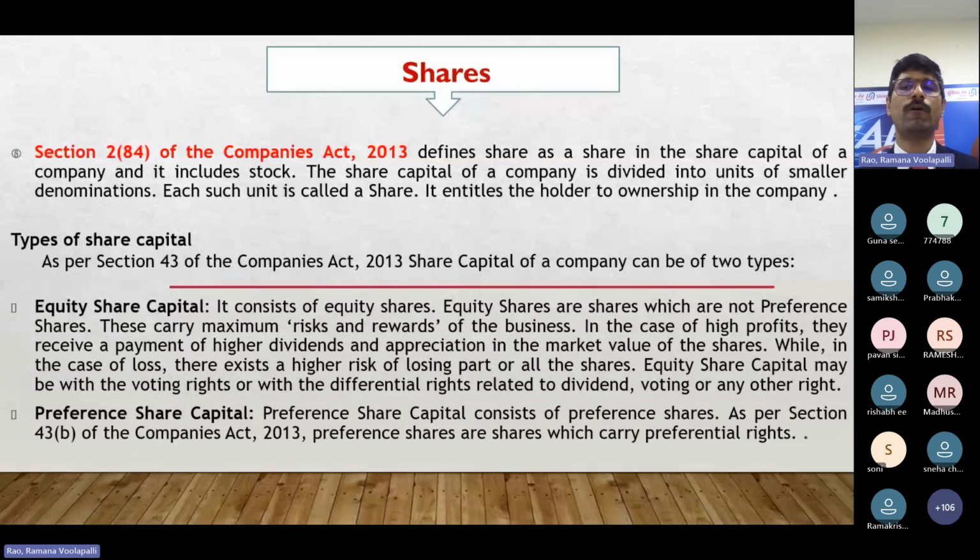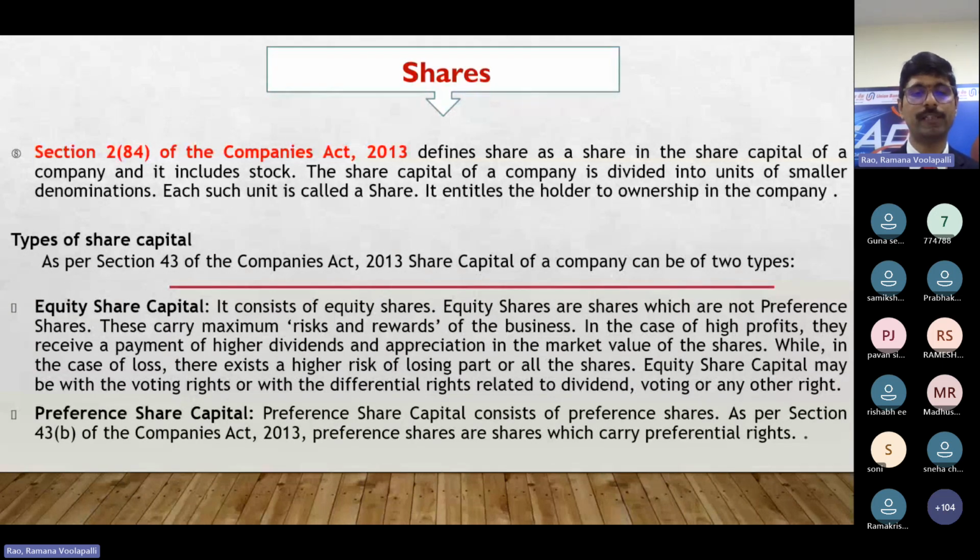In the case of high profits, they receive a higher dividend and appreciation in the market value of their shares, while in the case of loss, there exists a higher risk of losing part or all of the shares. Equity share capital may be with voting rights or with differential rights related to dividend, voting or any other rights.